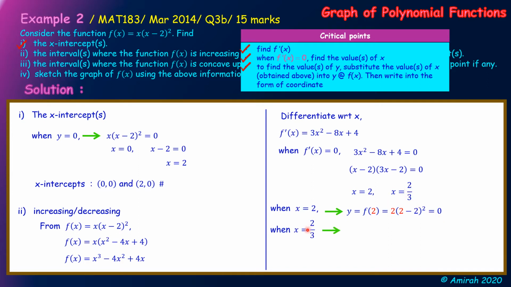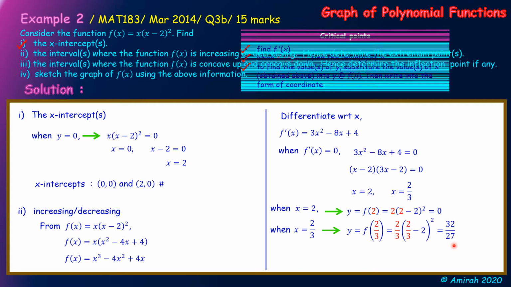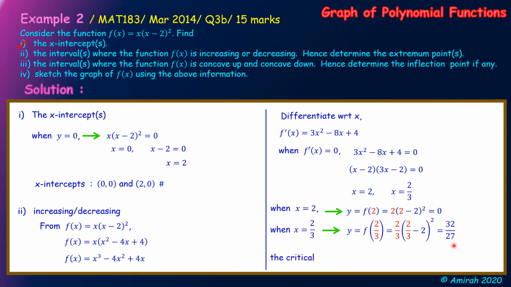When x equals 2 over 3, we substitute into f(x), so we have y equals 32 over 27. So the critical points are coordinate (2, 0) and coordinate (2/3, 32/27).